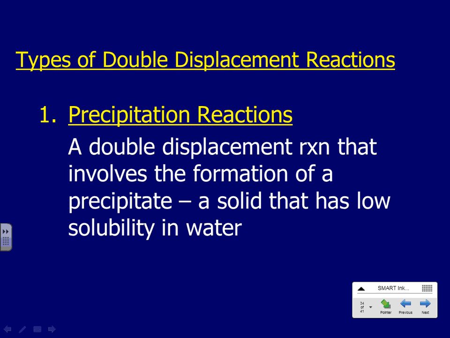And now what happens is, I've got the calcium ions in here, and I've got the carbonate ions in here, and in the end, they still don't want to be soluble. They still don't want to be in the dissolved form. So what do they do? They stick together.